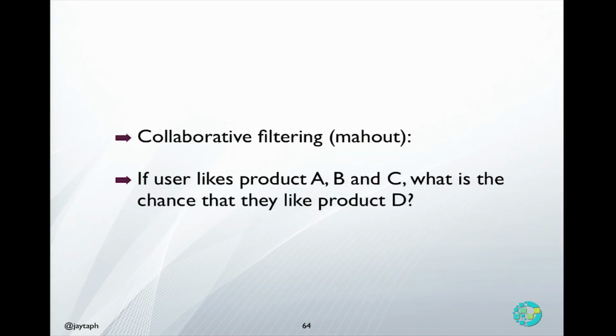But okay, there's another thing as well that's related to Bayesian filtering. It's called collaborative filtering. Has anyone used Apache Mahout? Okay, that's an awesome application. Basically, it says if a user likes product A, B, and C, what is the chance that that user likes product D as well?